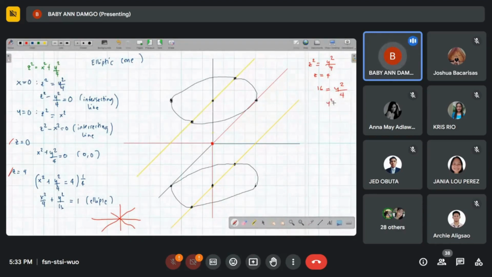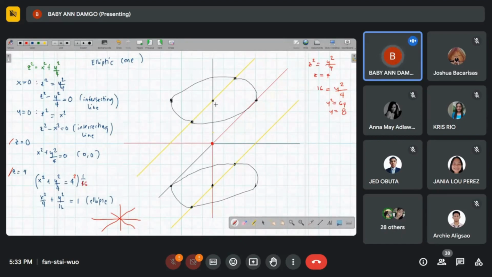So y squared is 64. This is equal to 8. Oh, y squared, this is 4 squared. So, dapat dahil 16 ni siya.